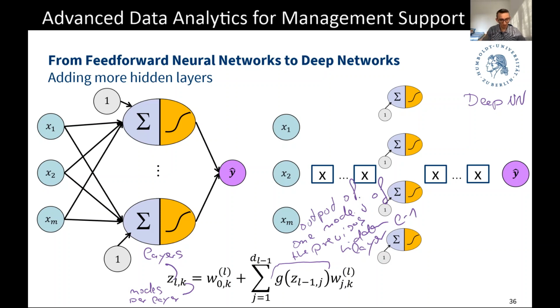And this hidden unit is connected to our hidden unit ZLK, and on this connection we will find a weight which is just WJK from hidden node J of layer L-1 into hidden node K of layer L.